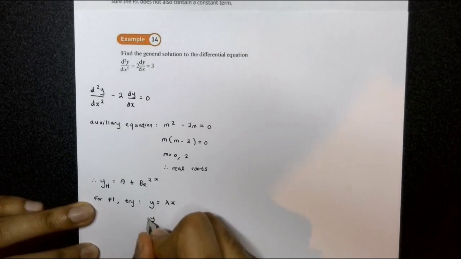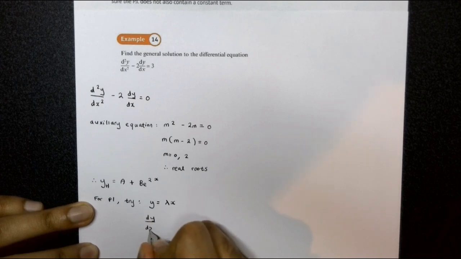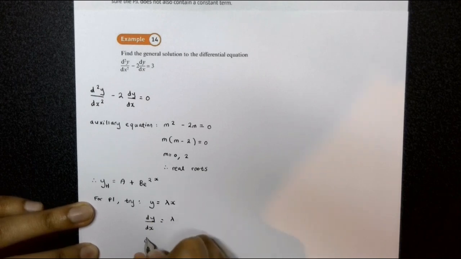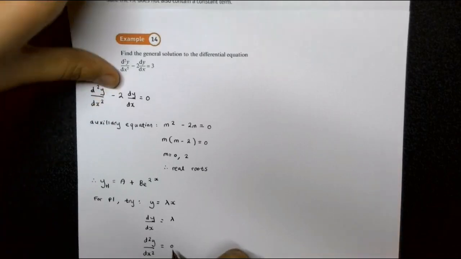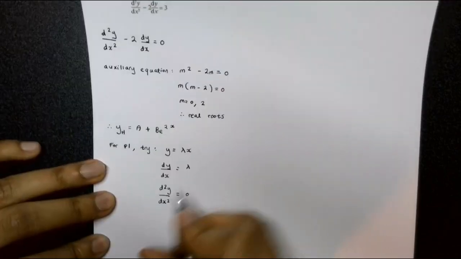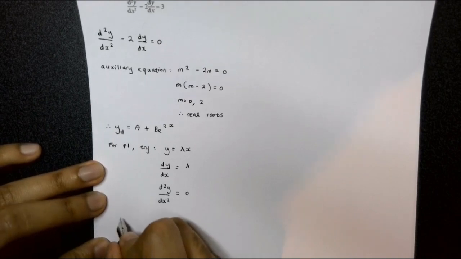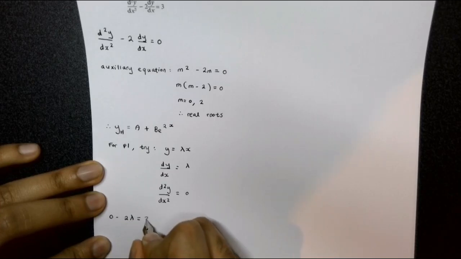So dy over dx is equal to lambda, and d squared y over dx squared is equal to 0. And substituting everything we know, you can see here, we've got 0 minus 2 lambda equals 3.